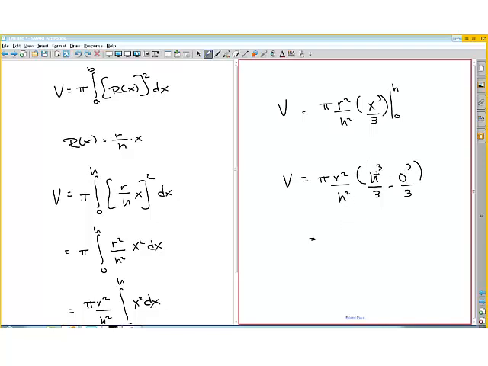Of course, that's 0. Then we can simplify this: we have h squared and h cubed, so that leaves us h in the numerator. And we have 1/3, so we'll get pi over 3 r squared h, which is the answer that we're looking for. So that's how it works.